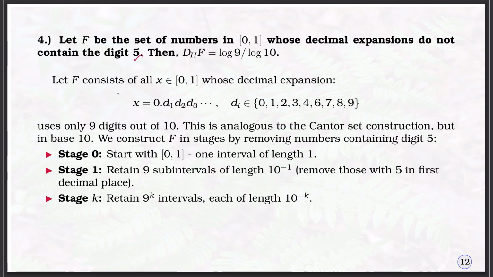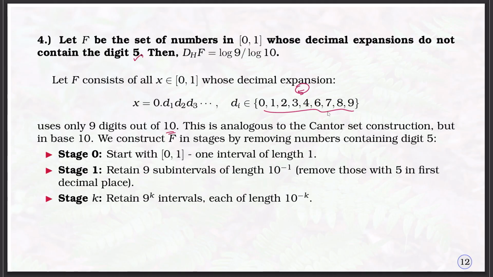Let F consist of all x belonging to [0, 1] whose decimal expansion is x equal to 0.d1 d2 d3 etc., where di is any number from 0 to 9 excluding the number 5. We use only 9 digits out of 10.